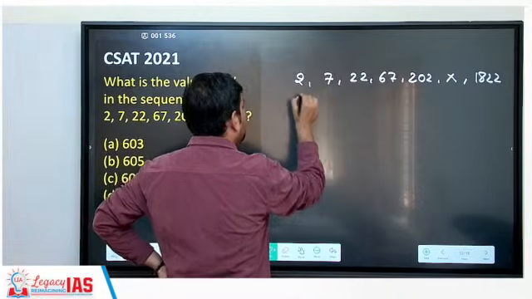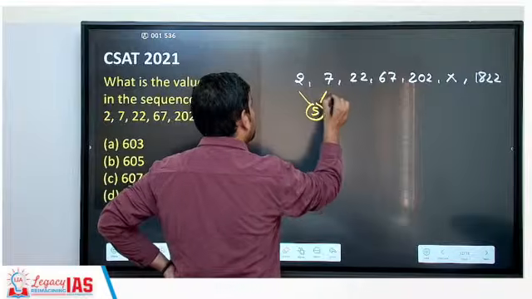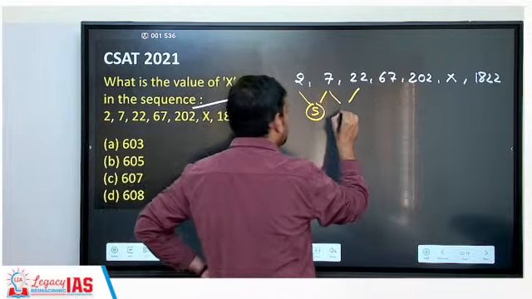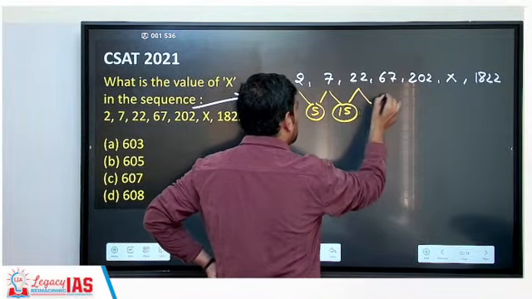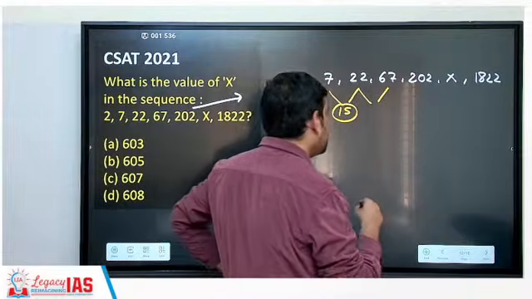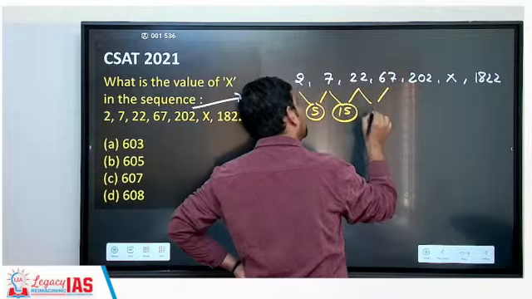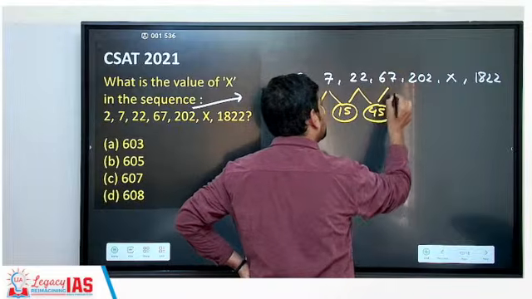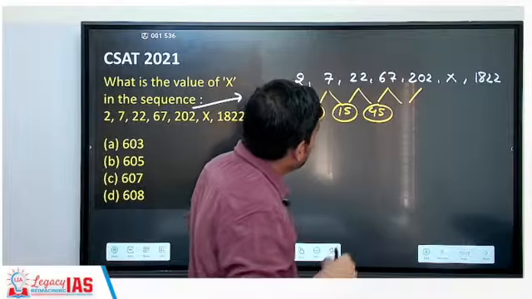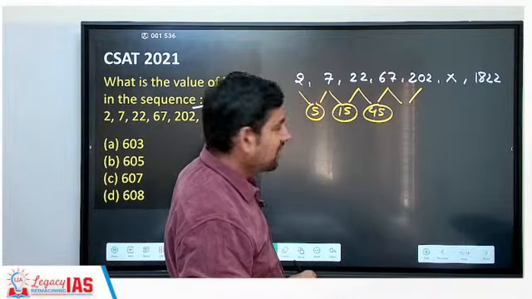So 2 and 7, the difference is 5. 7 and 22, what is the difference? 15. Then 22 and 67, the difference is 45. Then 202 minus 67, what do you think?